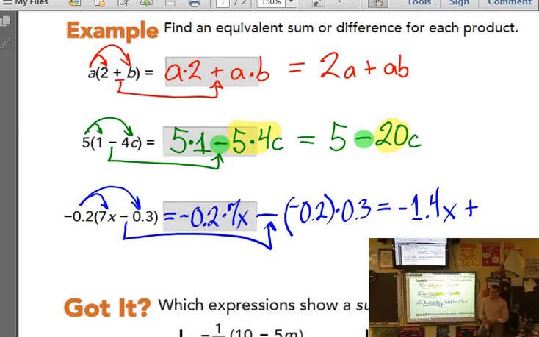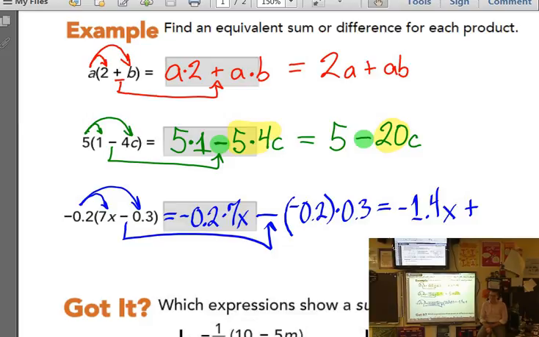Then this is where people screw up. Who's bold and confident and thinks they know what 2/10 times 3/10 is? Be careful. Think about the fractions. Abby, did you use a calculator? Thank you very much. No. Okay, 2/10 times 3/10.